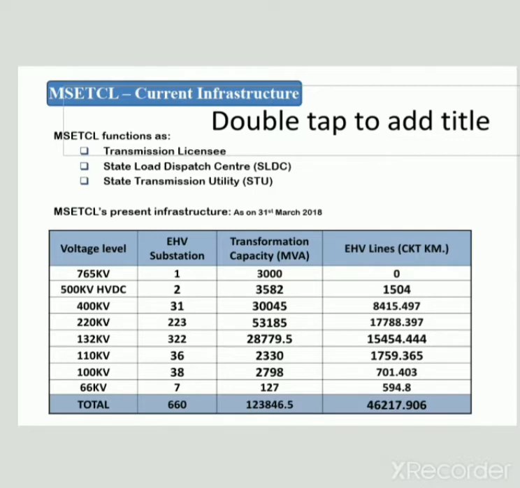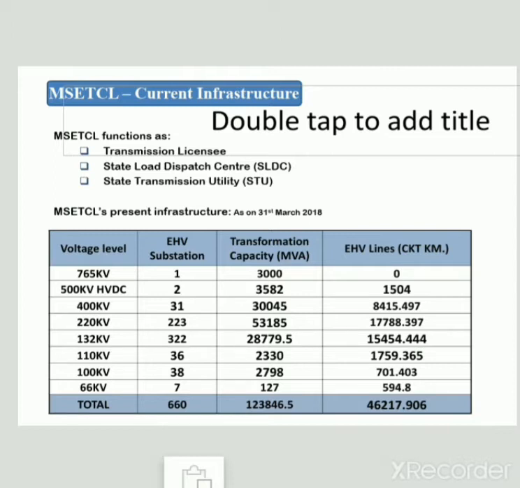According to that, the EHV substations are 31 in Maharashtra. Then transformation capacity is 30,045 and EHV lines is 8,415 approximately.